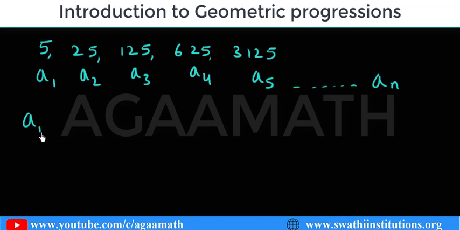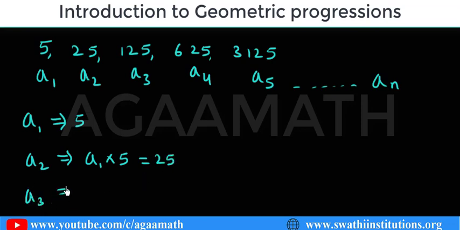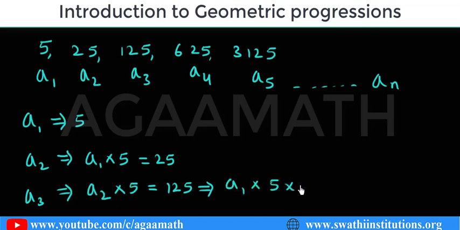A1 is also nothing but A, so it is 5, and A2 we got 25. How? The first term is multiplied with a certain constant value, that is 5. So A2 is 5 into 5 is 25, and A3 is A2 into 5, that is 25 into 5, which is 125. Even more, I would like to elaborate this: A3 is A1 into 5 into 5, and we get the same, that is 125.